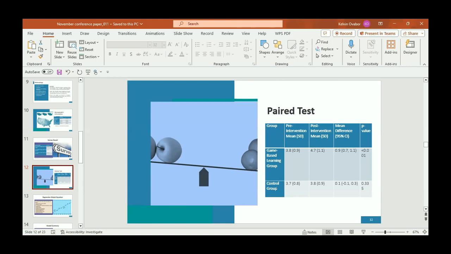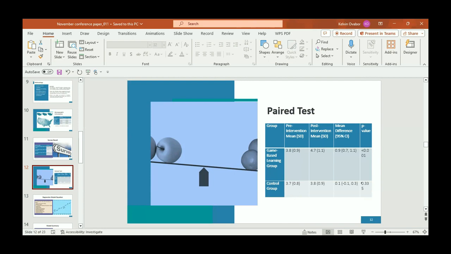And looking at that of the control group, we have 3.7 before the intervention, 3.8 after the intervention. You can see it's not significant at all, from 3.7 just to 3.8. But if you look at that of the game-based learning group or the experimental group, there was a great shift from 3.8 to 4.7. So what can we say from this? The p-value of less than 0.001 shows that the experimental group showed a significant change in the decision-making from the pre to the post-test intervention.